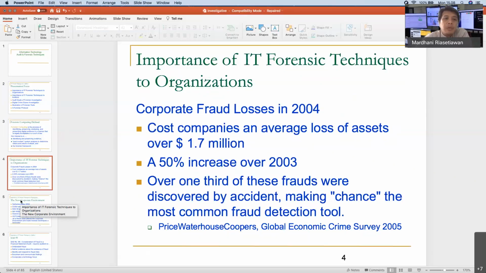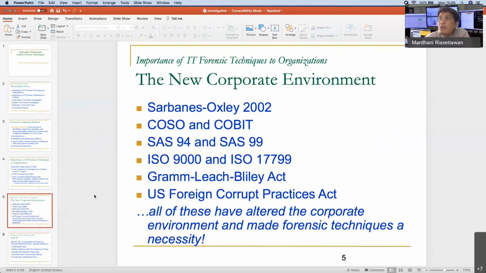Especially now that we enter a very wide spectrum of digital society, many things can be fraud based on digital evidence. In forensics, we deal with several specific standards like Sarbanes-Oxley, COSO, and COBIT that we have discussed in this course.